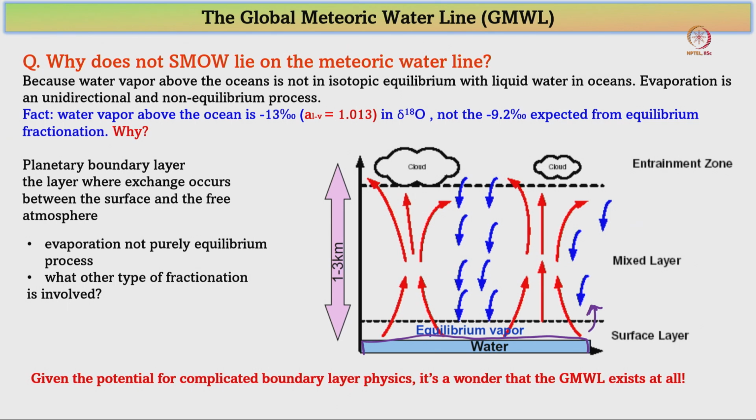So, the evaporated water is no more in equilibrium with the ocean. So, it is no more exchanging isotopes with the ocean. So, since evaporation is a unidirectional process, that means whenever there is evaporation, condensation is not happening simultaneously. So, it is a unidirectional process.